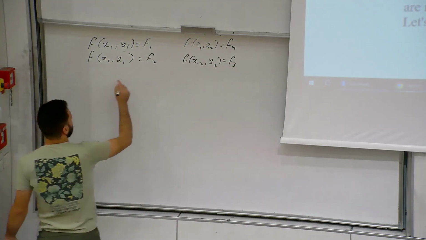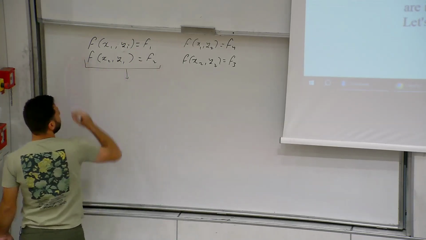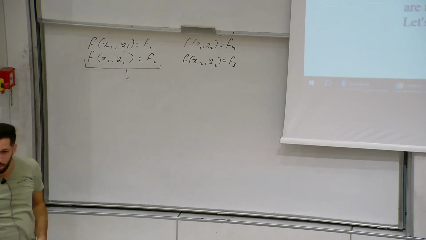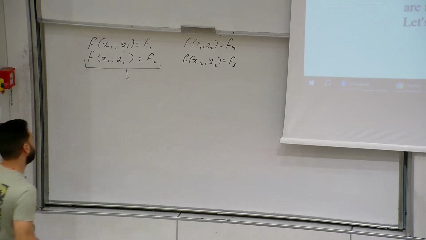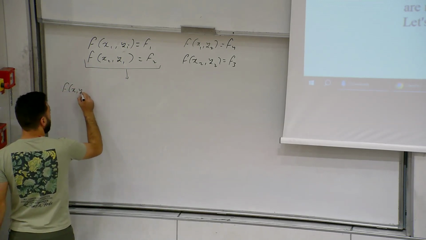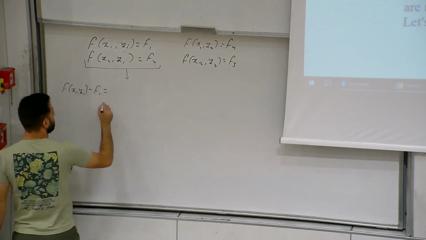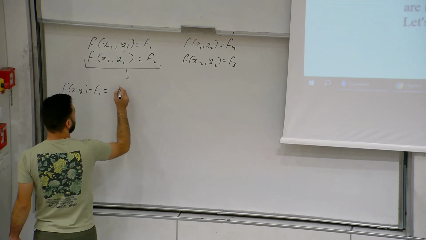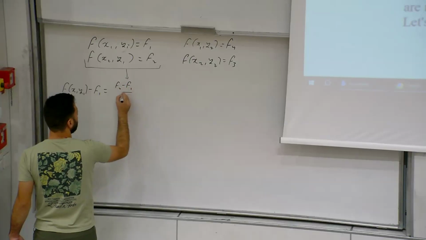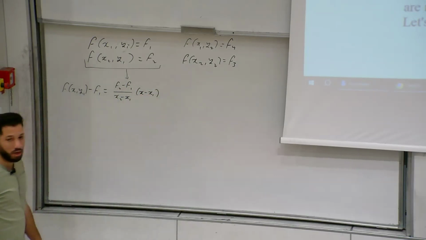So the interpolation function of these two, for the fixed y1, what is it? It is f of x at y1 minus f1 equals f2 minus f1 divided by x2 minus x1, times x minus x1.